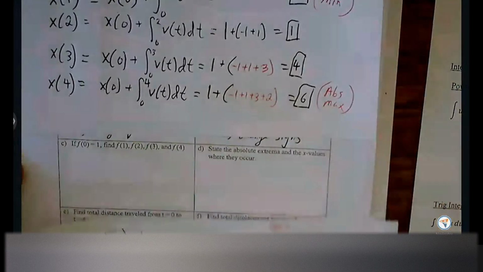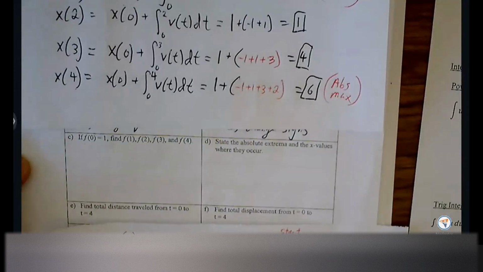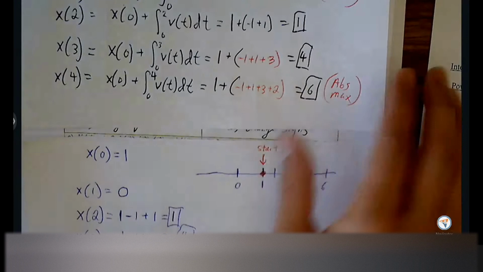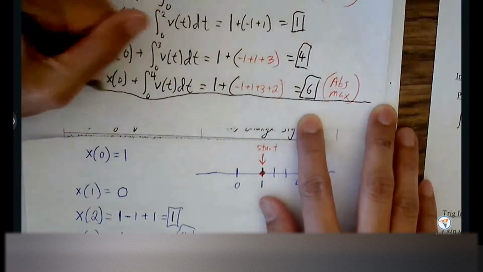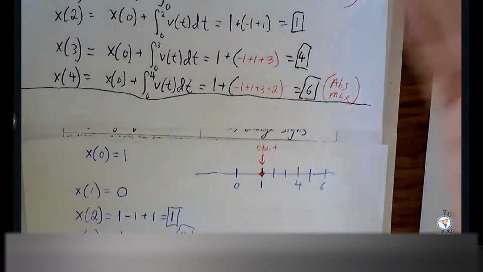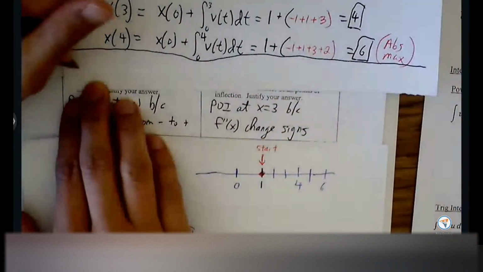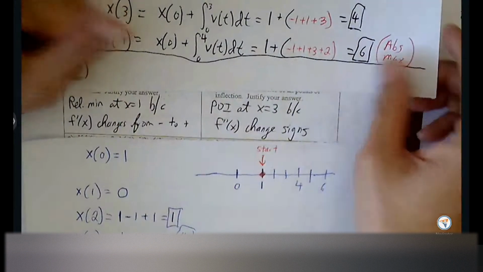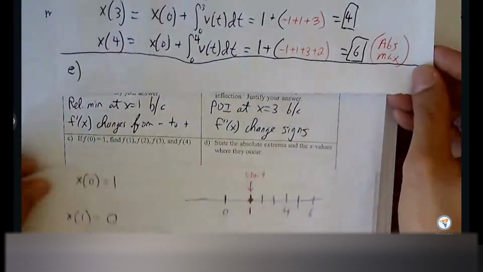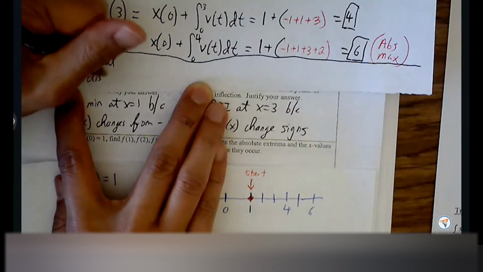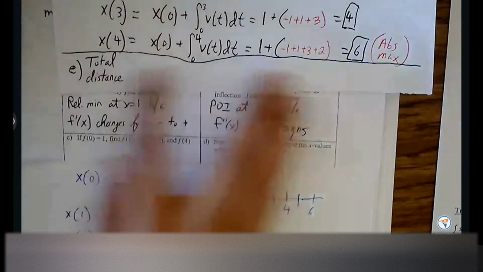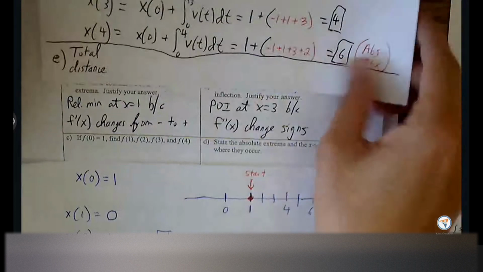Okay. Parts E and F is saying find total distance from 0 to 4. I'm going to put this down here because I want us to see that distinction between position, total distance, and displacement. So part E says find the total distance between 0 and 4. So we talked about total distance involving absolute value.